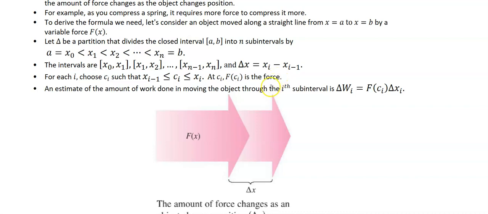So we're basically going to estimate this work by looking along all of these subintervals and multiplying the force times the distance. So this is the force and this is your distance.